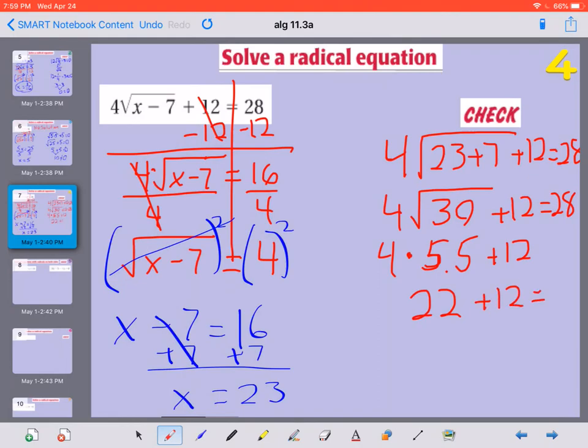Plus 12 equals 28. 22 plus 12, that's going to give me 34. This one doesn't work. So we have 34 equals 28, which we said that does not work. So this one also has no solution.